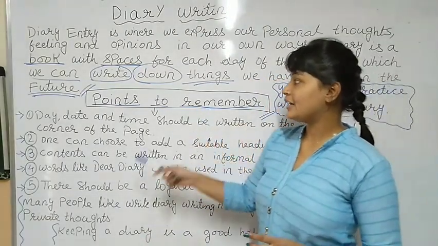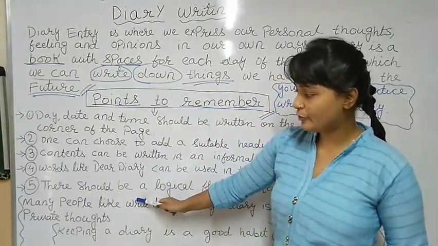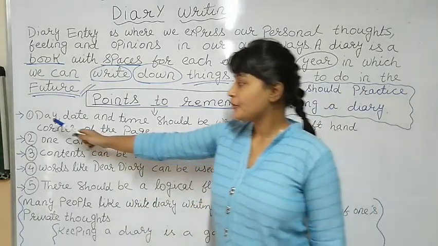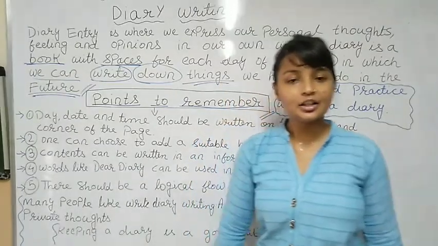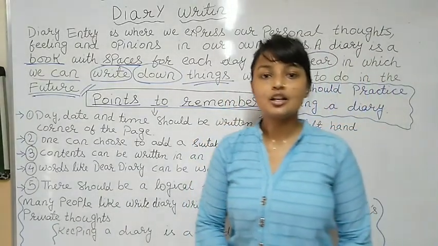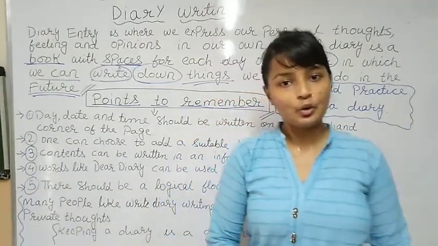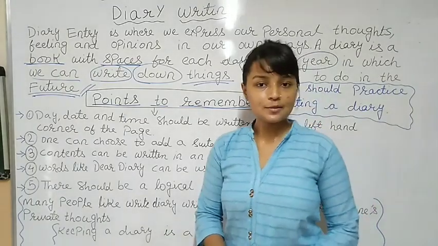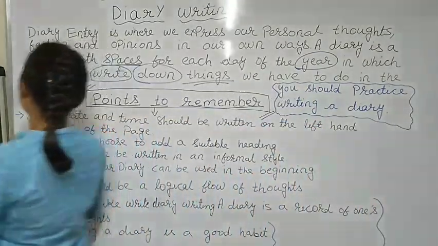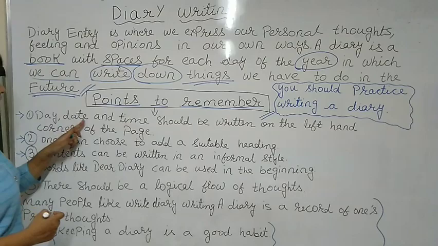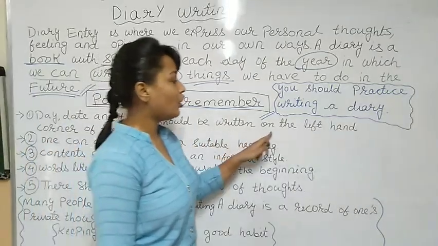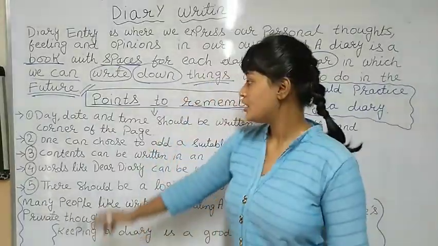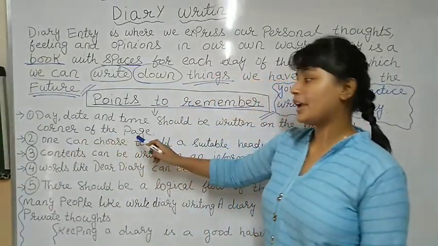So for diary writing, there are these 5 points, 1, 2, 3, 4, 5, that are necessary to write a diary. Okay, so let's see the first point, students. Day, date and time should be written on the left hand corner of the page.